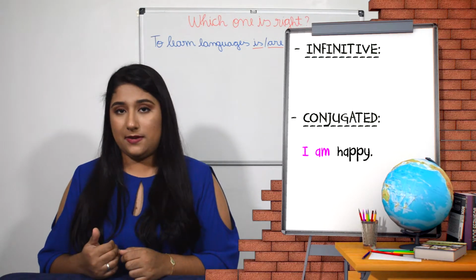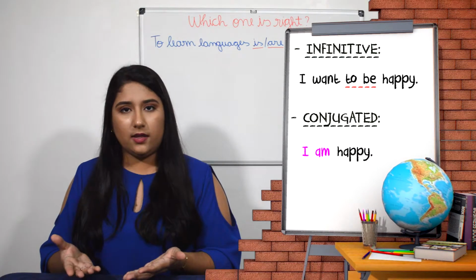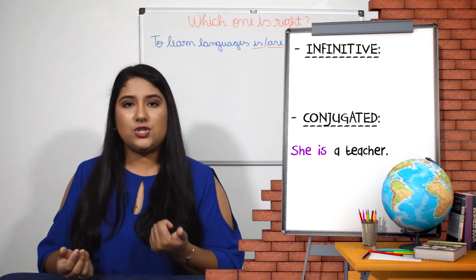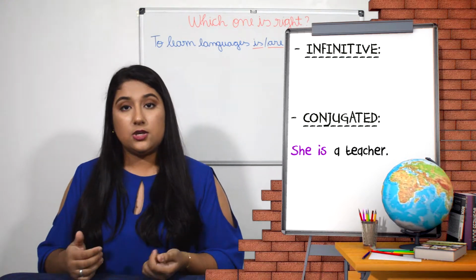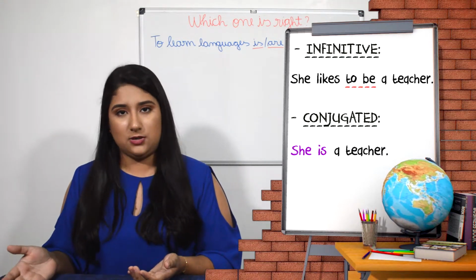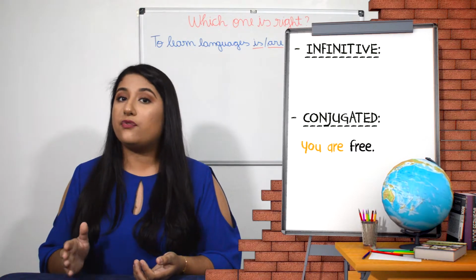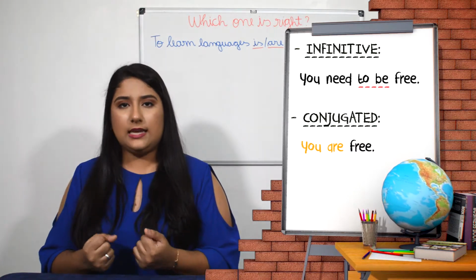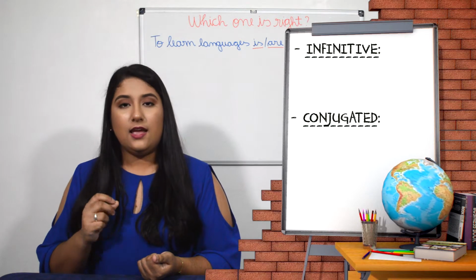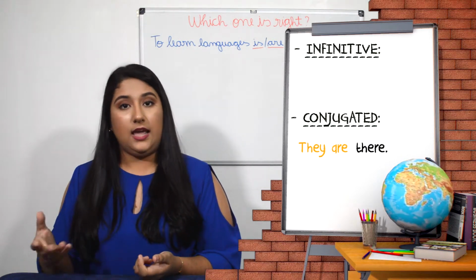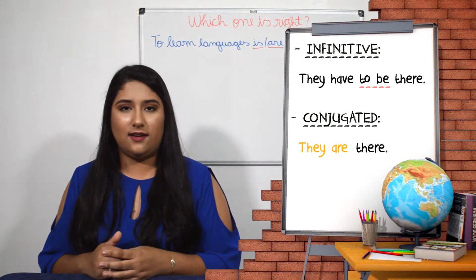I am happy and I want to be happy. She is a teacher and she likes to be a teacher. You are free and you need to be free. They are there and they have to be there.